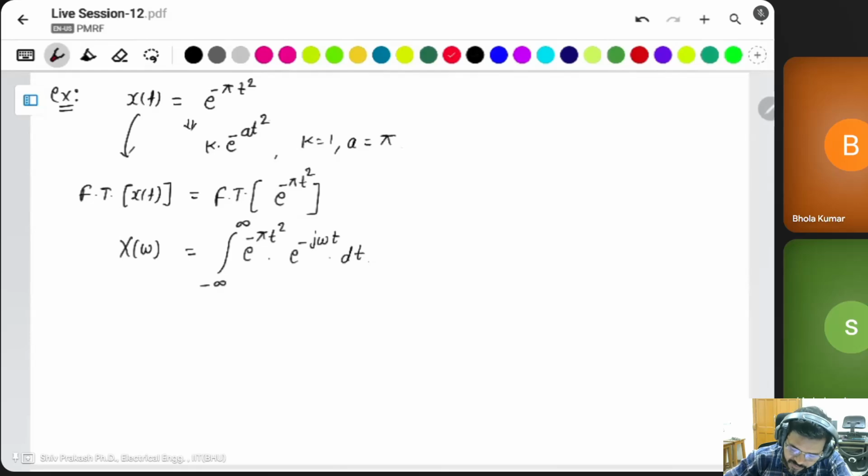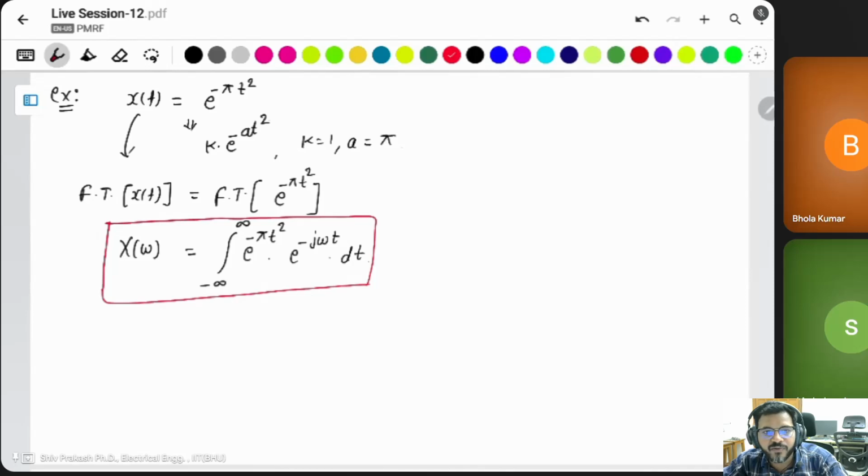This is the direct way, using the formula. But there is a problem integrating e to the power of minus t square. If there is only e to the power of t, you can integrate easily. But with e to the power of t square, how can you integrate directly? This is the problem.